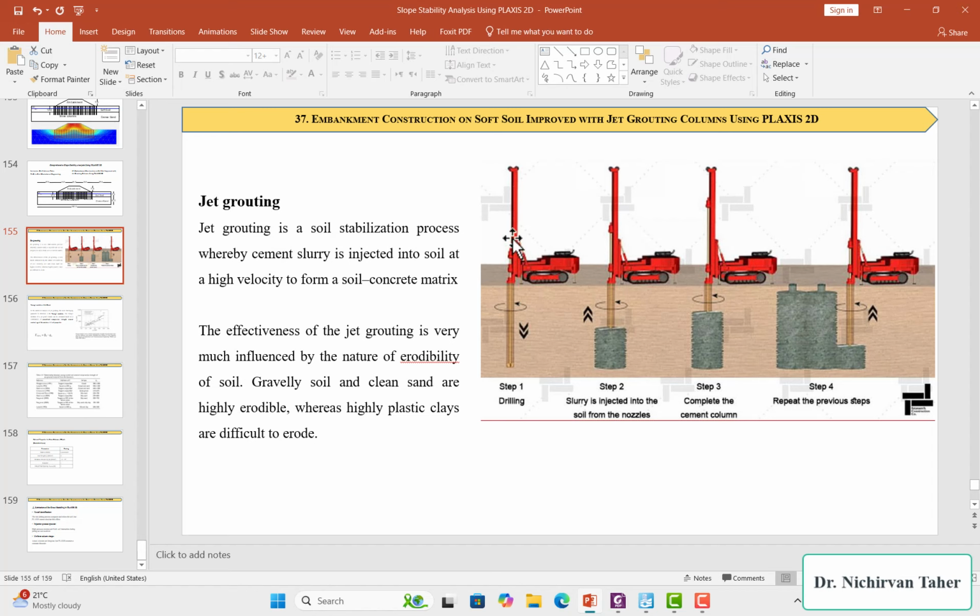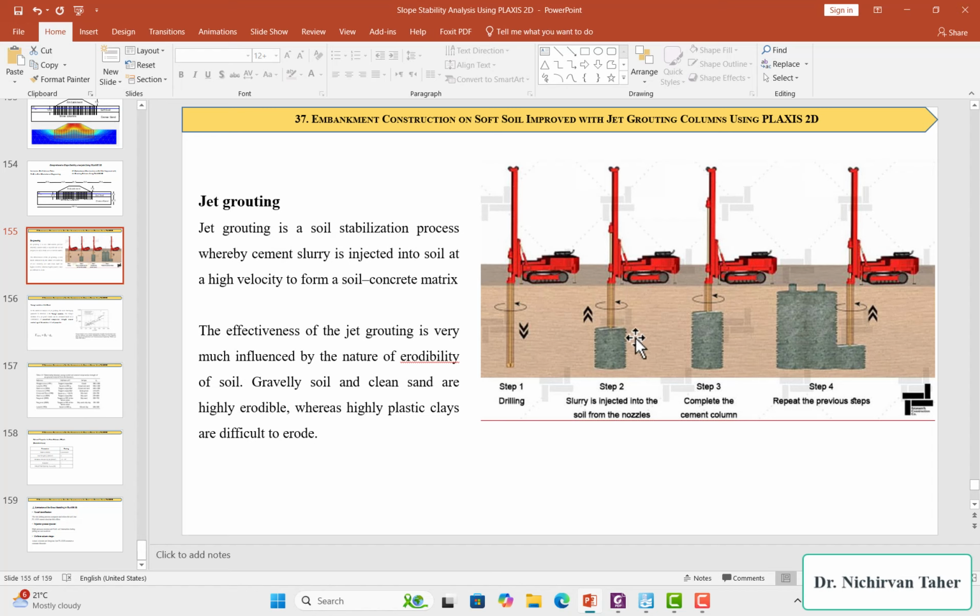As you can see, this machine is inserted into the ground and rotated at high velocity, and the cement slurry is injected into the ground, and so it makes a circular shape of concrete soil matrix.